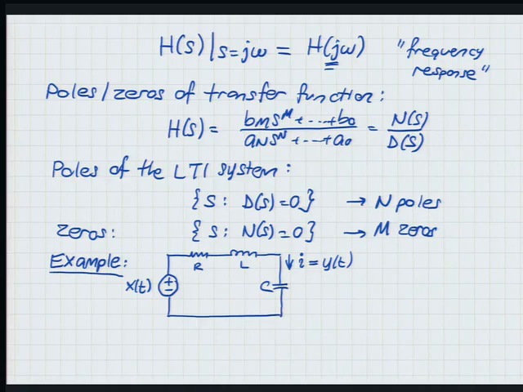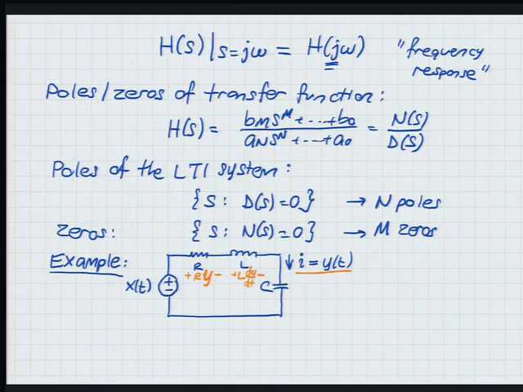Let's think about the voltage across all of these elements. From Ohm's law, this is R times I. I'm going to drop I and write y because that's what I defined as my output. And what is the voltage across the inductor? L dy/dt, that's one of the laws we discussed.